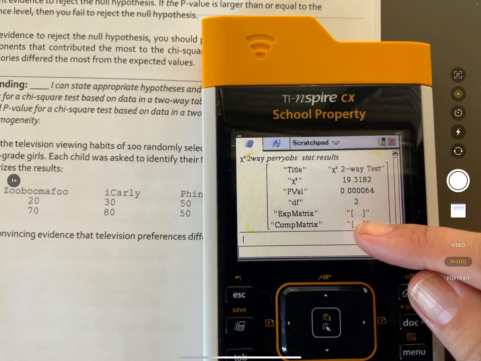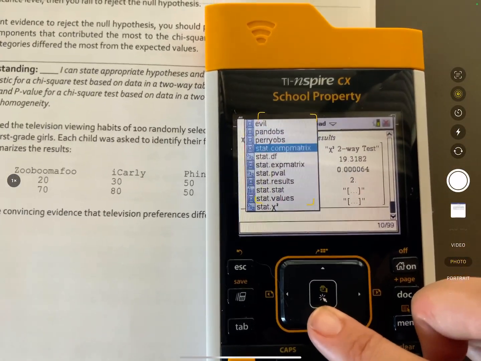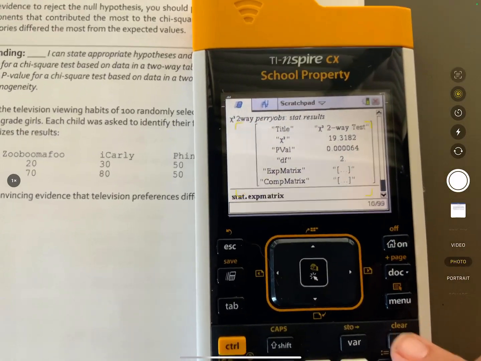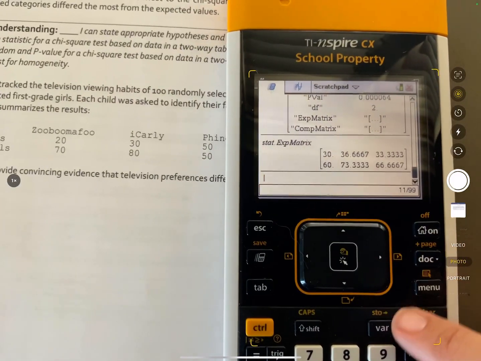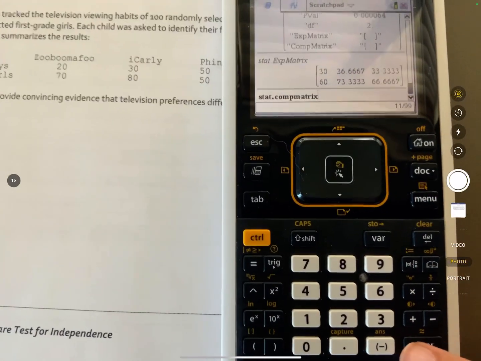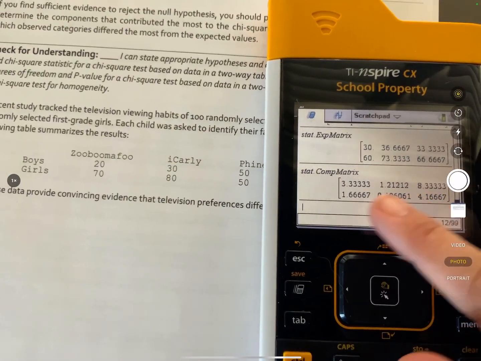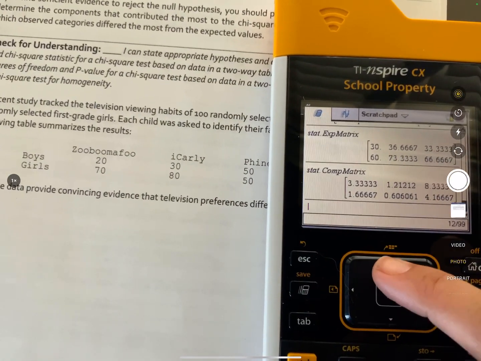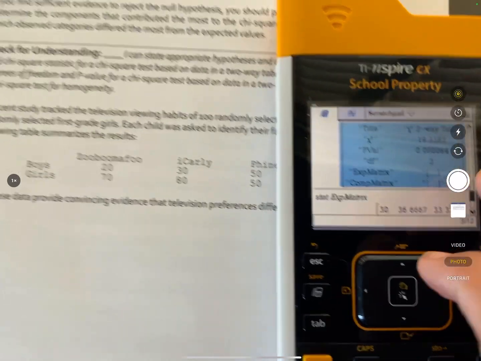We want to see where exactly, so we're going to hit our variable button and hit expect and enter. And then we'll hit our variable button again, and let's see the composition. Where were each of those numbers added together? Okay, so to get our chi-squared value, they added up these numbers, and they got that.